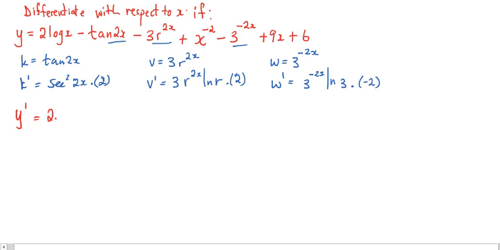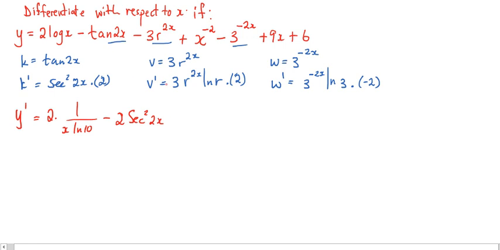So we'll have 2 multiplying by 1 over x, the ln of 10, minus, and we plug this one in: 2 sec squared of 2x.